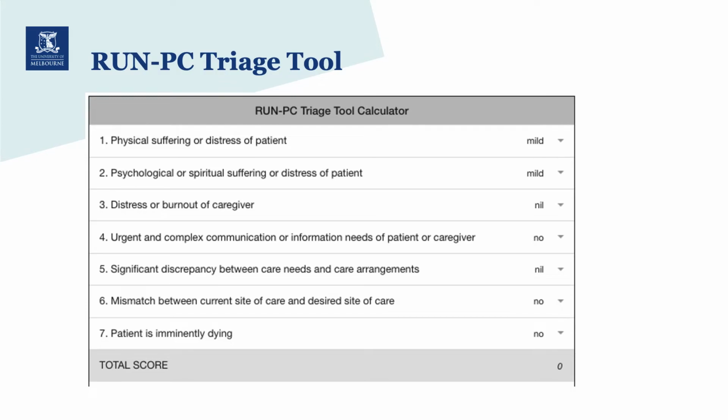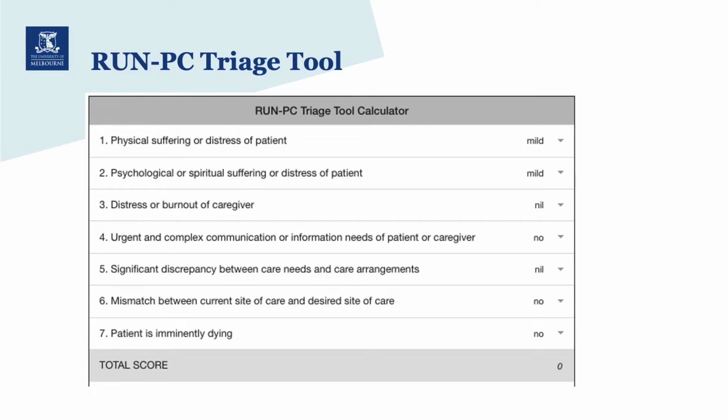Likewise, we've been given information that he's coping quite well psychologically, and his caregiver is also coping well. There weren't really any urgent and complex communication or information needs flagged. He's making a decision about his treatment options, which is really for discussion with his oncologist, maybe the palliative care team too, but is not really urgent. That's something that's going to tick over with time.